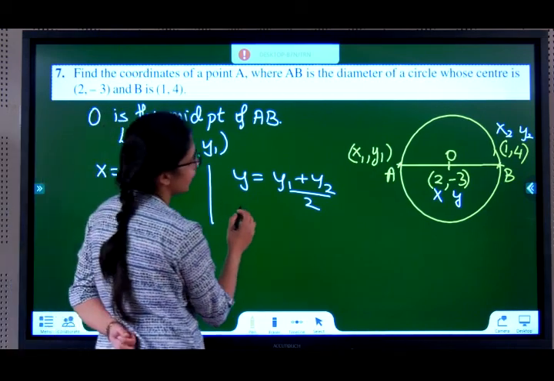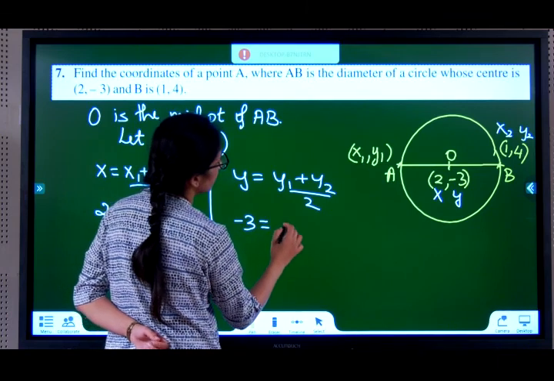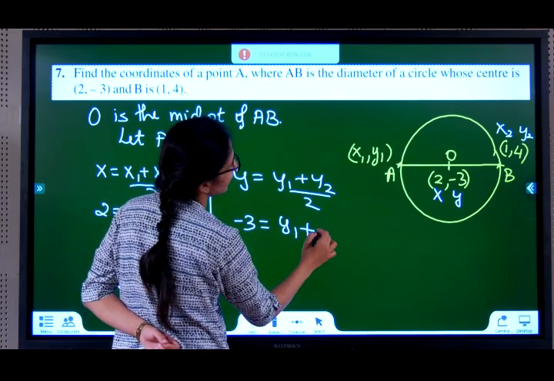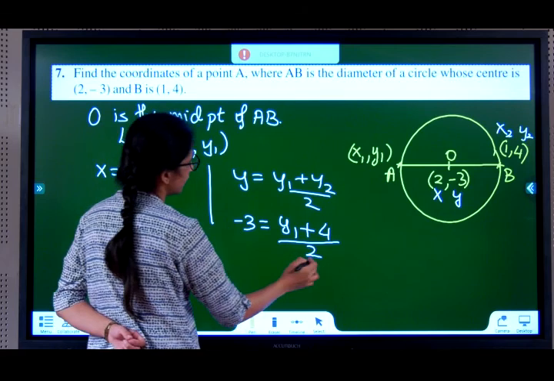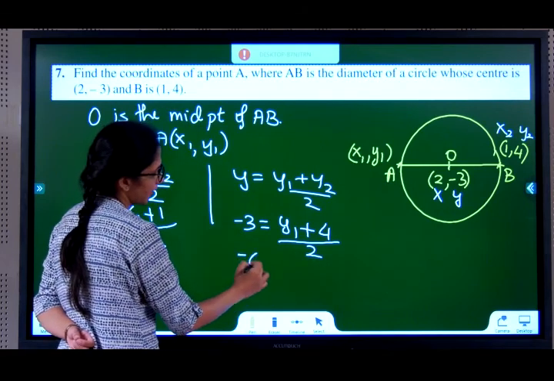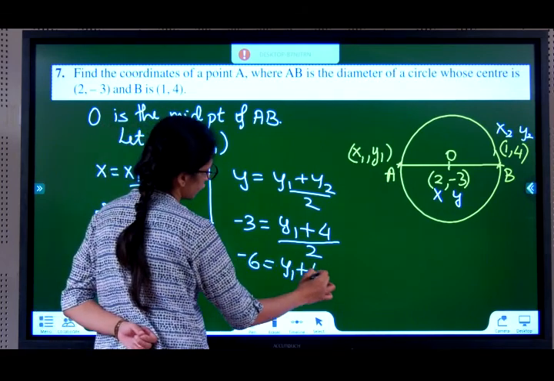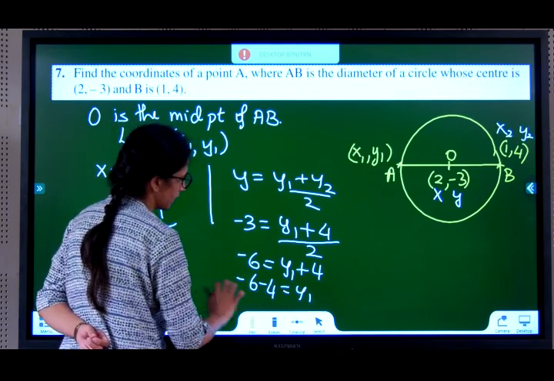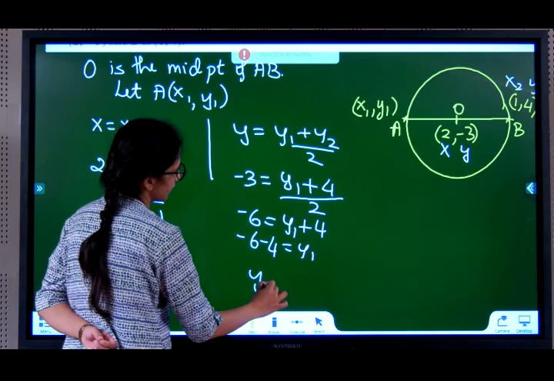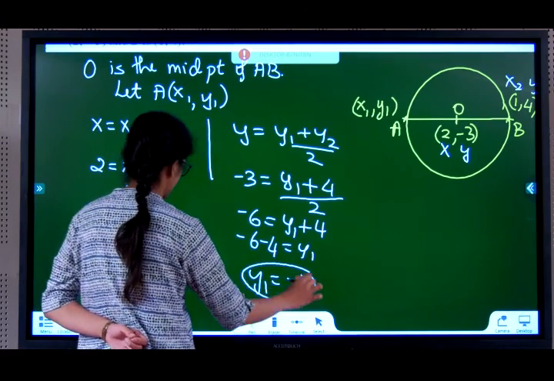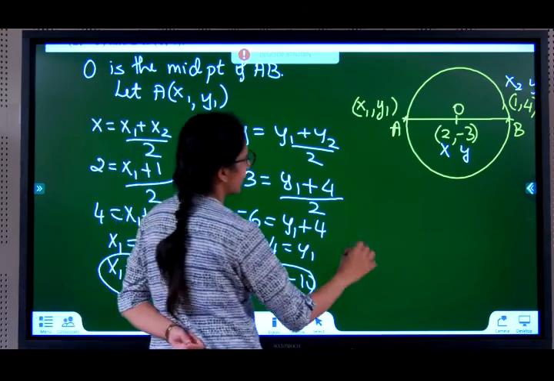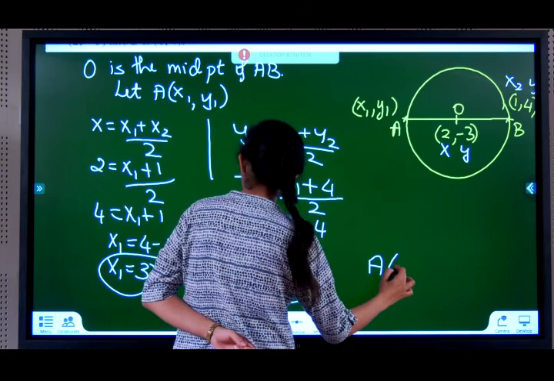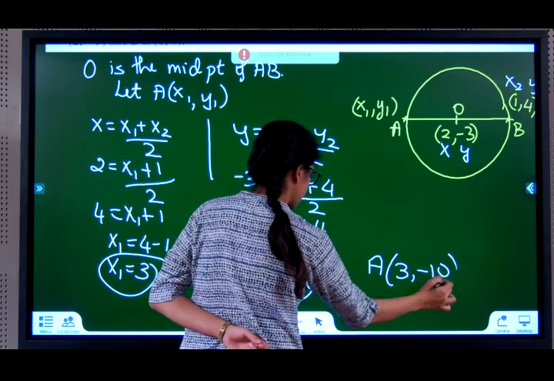Here, what is y? Minus 3 is equal to (y1 + 4)/2. Send the 2 to the side. Minus 6 is equal to y1 plus 4. Bring the 4 to the side. Minus 6 minus 4 is equal to y1, so y1 is equal to minus 10. Therefore, the coordinates of the point A is (3, -10).